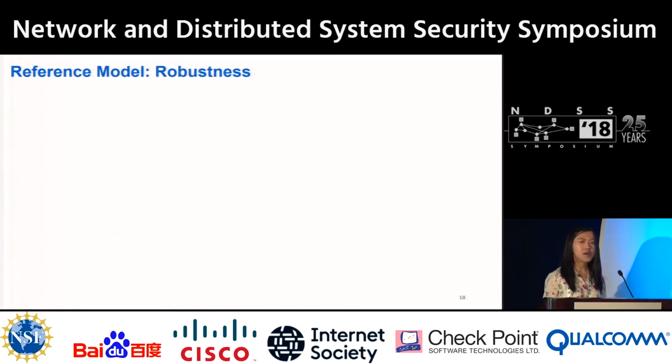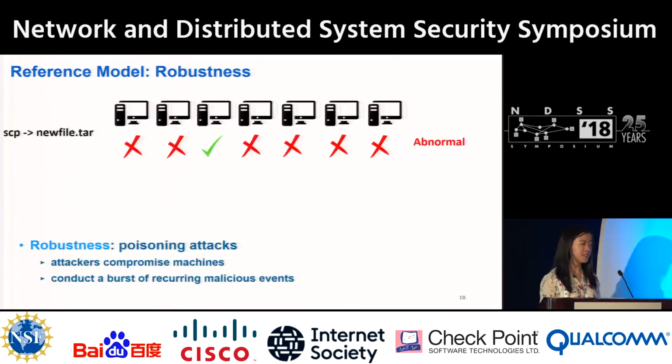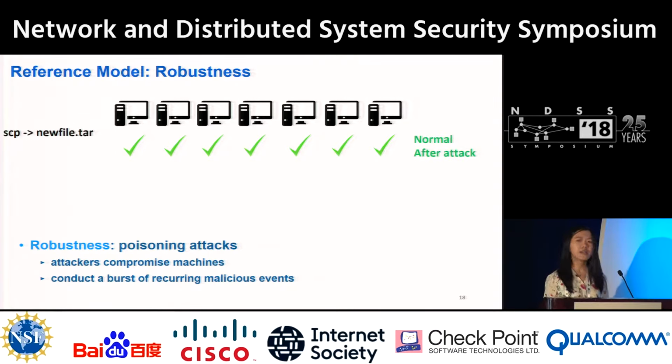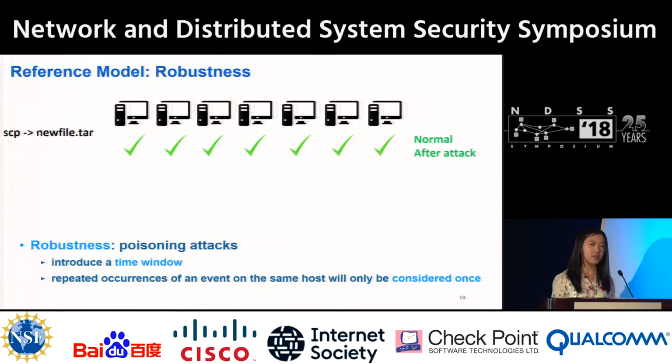Another issue we want to look at here is the robustness of our model against poisoning attacks. The attacker may compromise several machines in the enterprise and then create a burst of recurring malicious events. In this way, they can trick our reference model into believing that their event is normal, which actually is not. Our way to mitigate the effect of poisoning attacks is to introduce a time window.